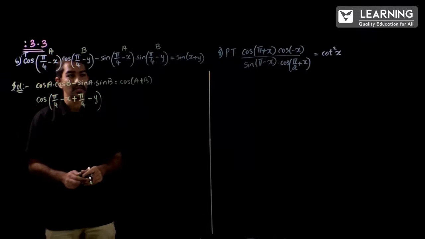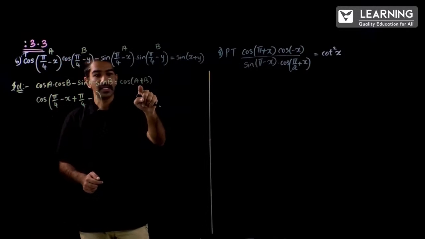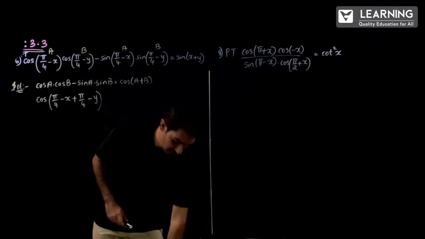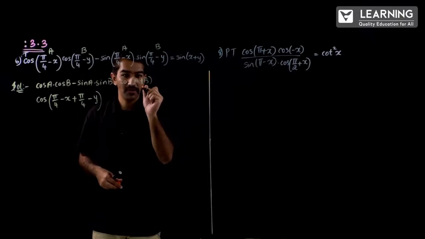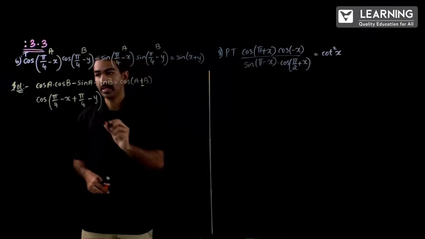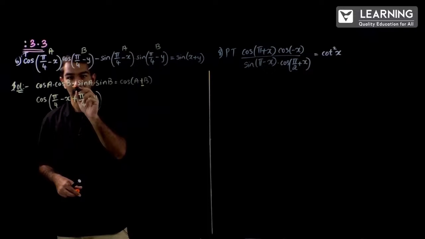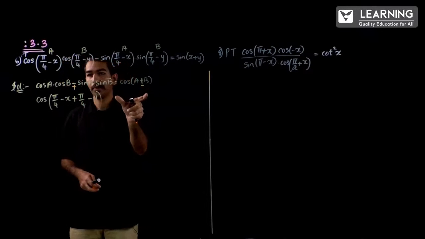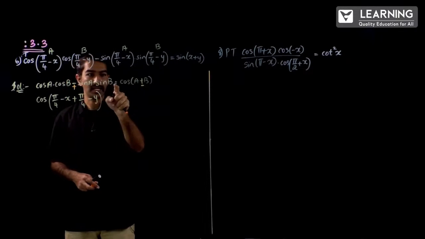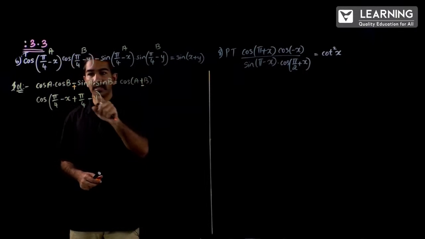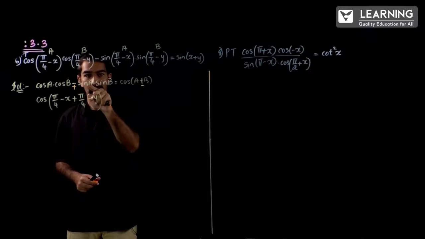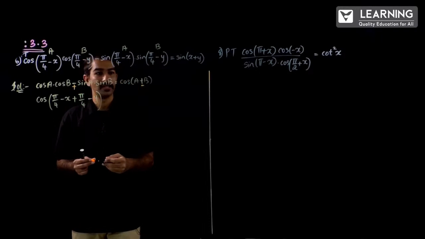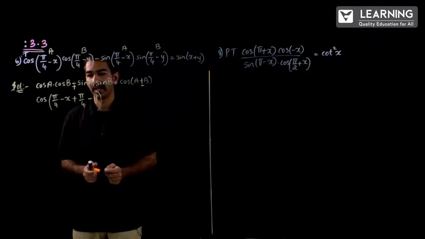Once again, cos of a plus b is equal to cos a cos b minus sin a sin b. Here, cos of a minus b equals cos a cos b plus sin a sin b. This is the actual compound angle formula. Cos a cos b minus sin a sin b is equal to cos of a plus b. Cos a cos b plus sin a sin b is equal to cos of a minus b. Understanding? So there was a small mistake here which is rectified.